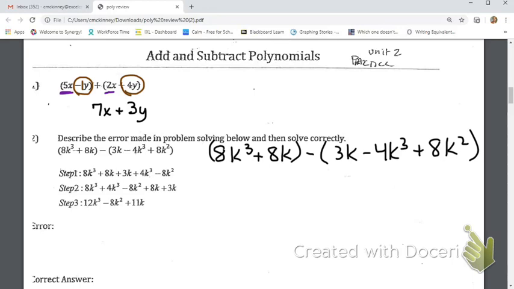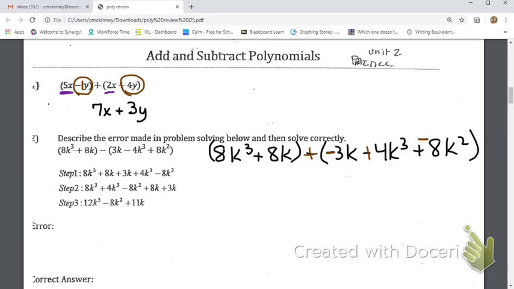So if it is subtraction, we want to change the middle sign to add, and then change all the signs in the second set. So this would change to negative, this changes to plus, that changes to negative. And then it becomes addition.